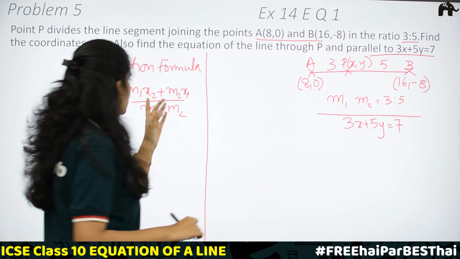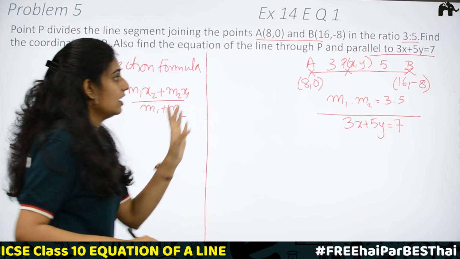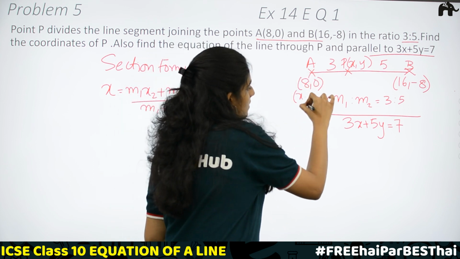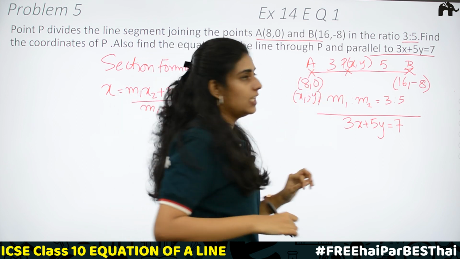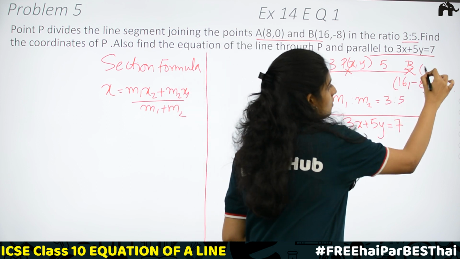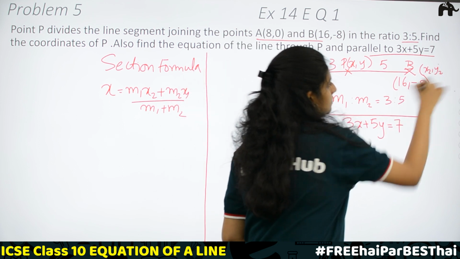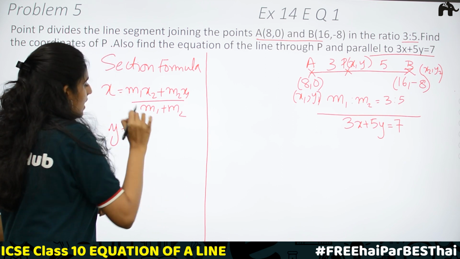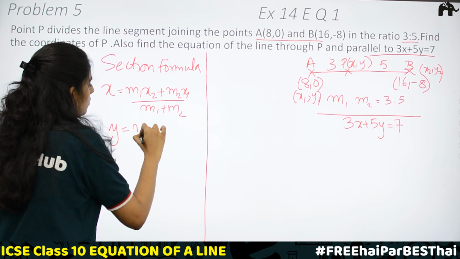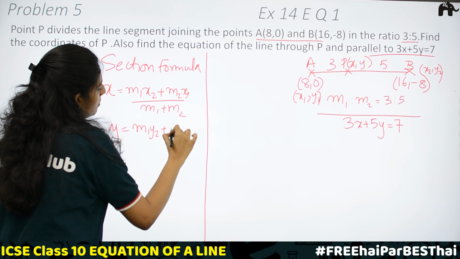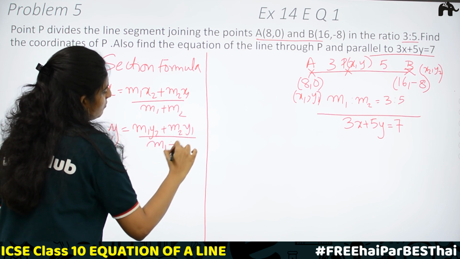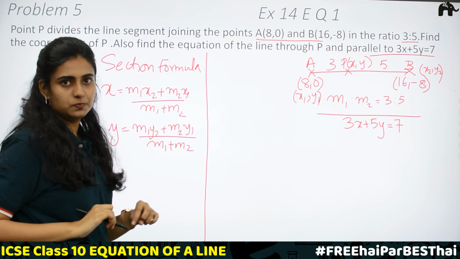Then what about x1 and x2? We'll take the coordinates of the first point as x1, y1 and the coordinates of the second point as x2, y2. Okay. Similarly, we can find the y coordinate. y is equal to (m1y2 plus m2y1) divided by (m1 plus m2).